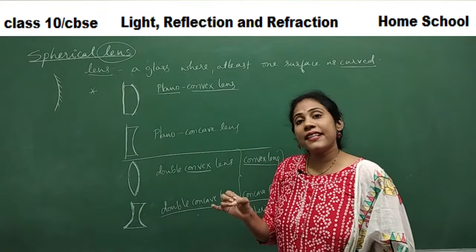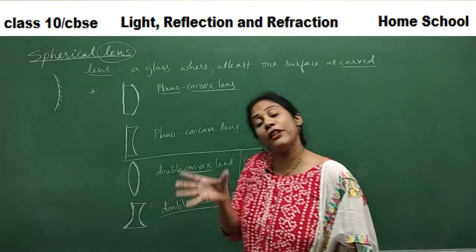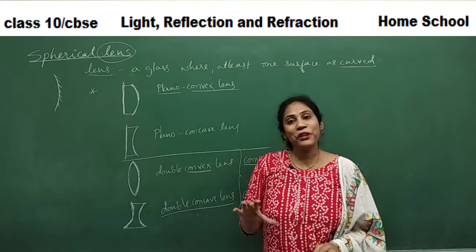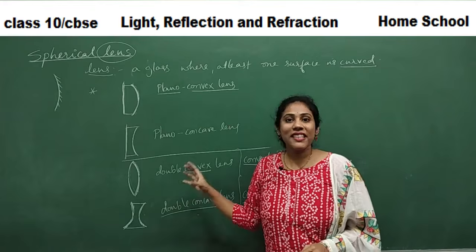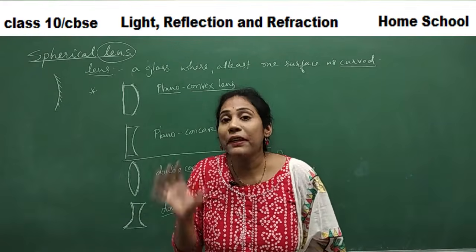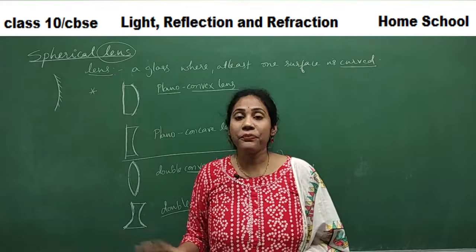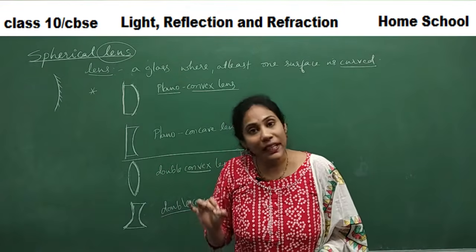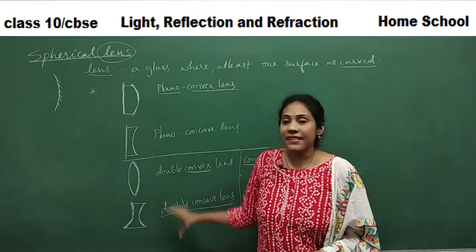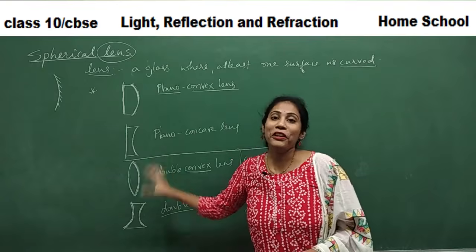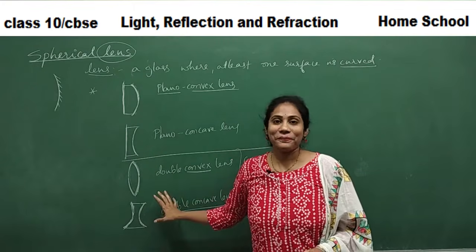Okay, and the discussion is actually similar to the spherical mirrors that you have studied. So before you watch this particular session, make sure that you are perfect with spherical mirrors. Once you are perfect with each and every concept of spherical mirrors, then this is nothing. This is just a piece of cake. You can easily understand this.